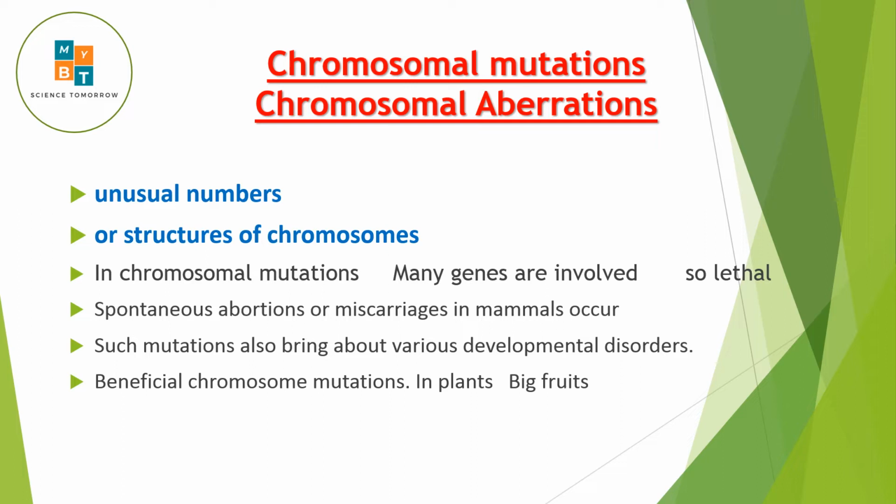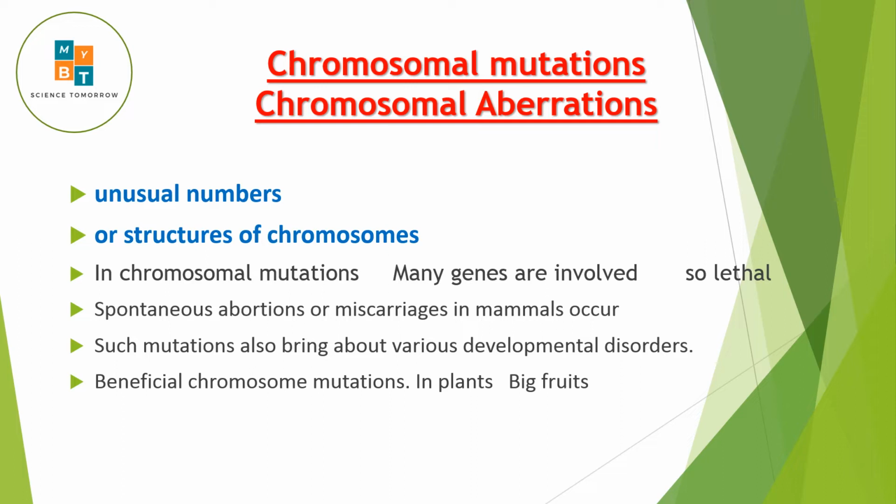The ways chromosomal mutation happens, we can divide into two types. The first is that the number of chromosomes is different. There's no structural difference of the chromosome, but the number differs. Suppose that we humans have 23 pairs of chromosomes.